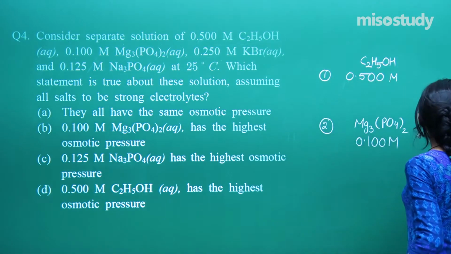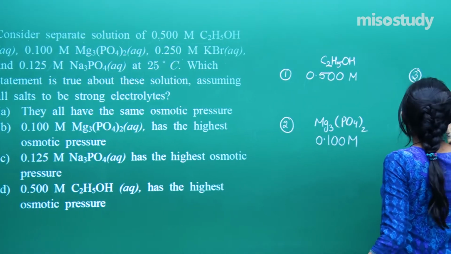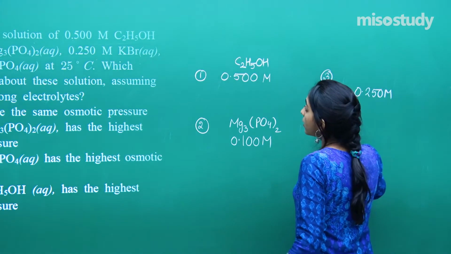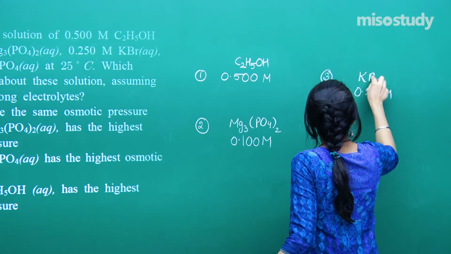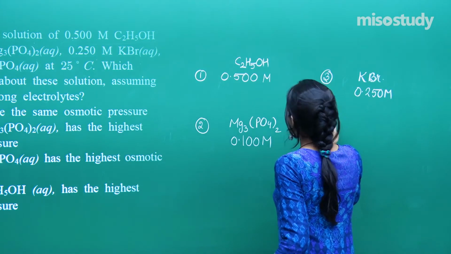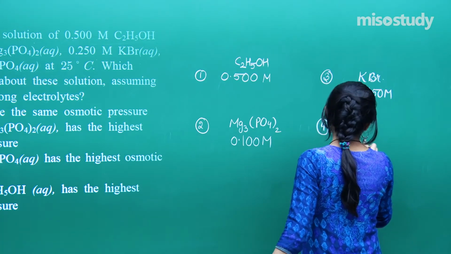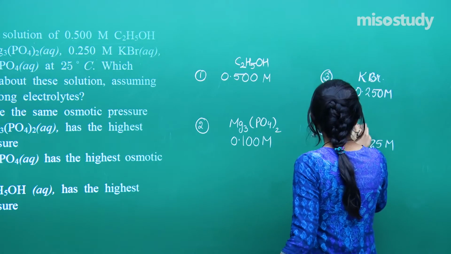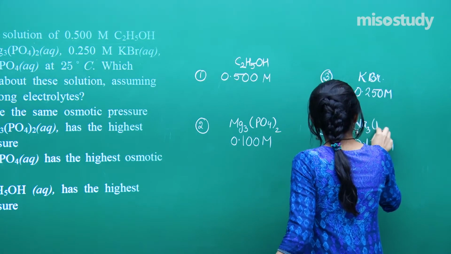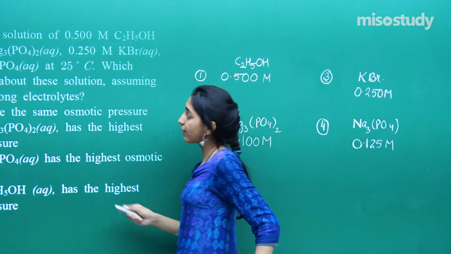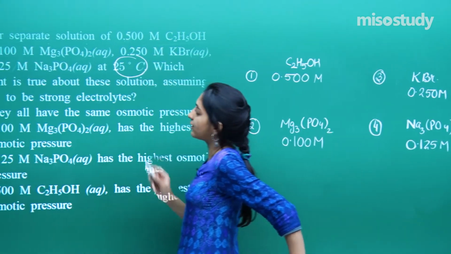The third is 0.250 molar KBr aqueous solution, and the fourth is 0.125 molar Na3PO4 aqueous solution, and all the solutions are given at the same temperature, 25 degrees C.